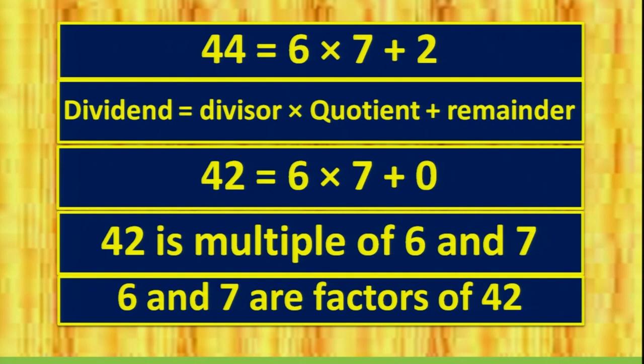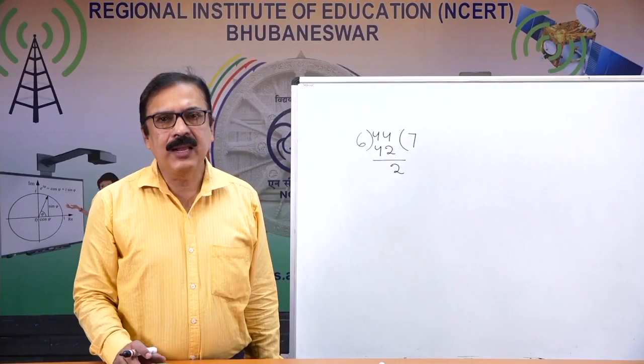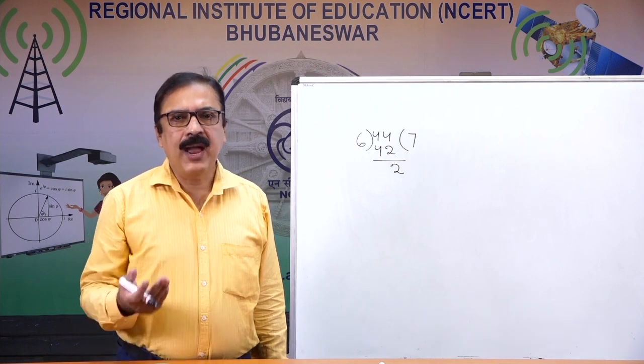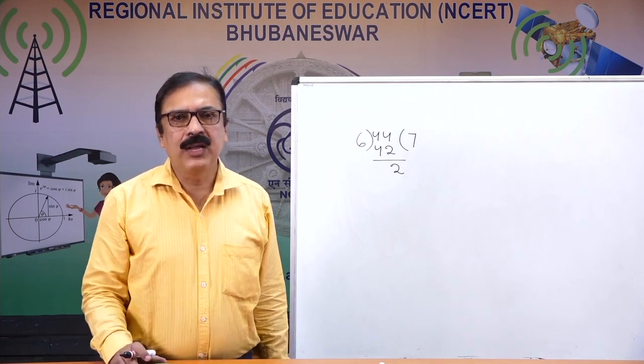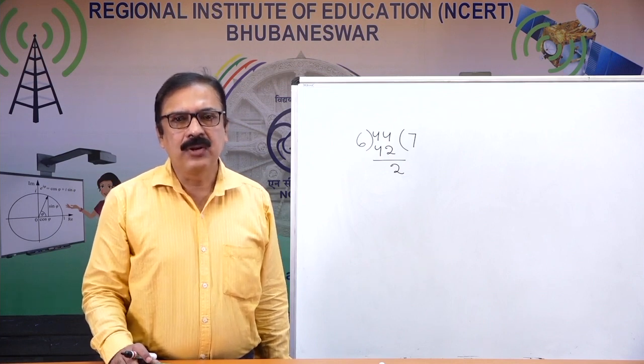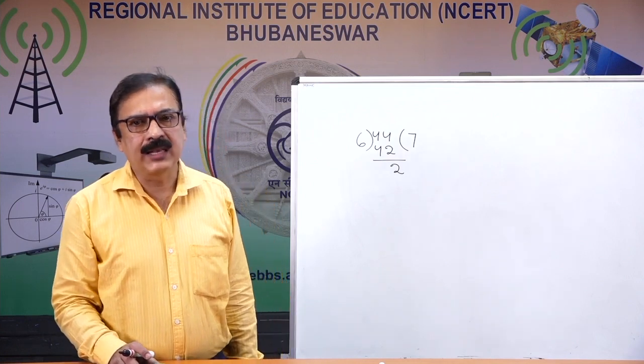So in the case of numbers, we follow a certain rule. Similarly, how can we divide a polynomial by another polynomial? Let's start with a polynomial divided by a monomial, say x.